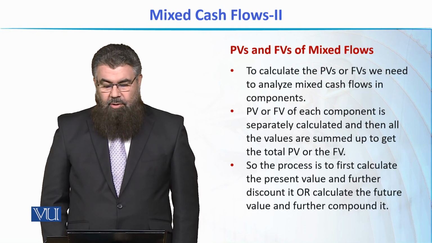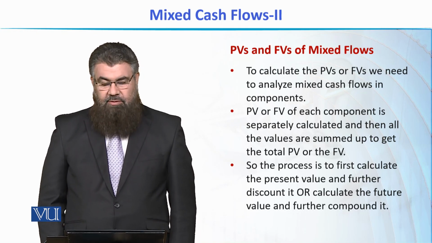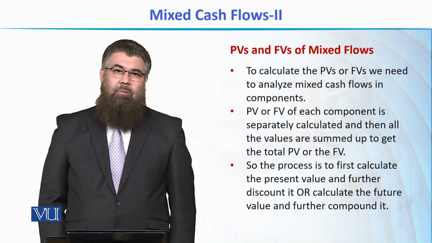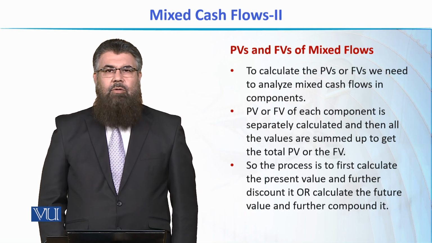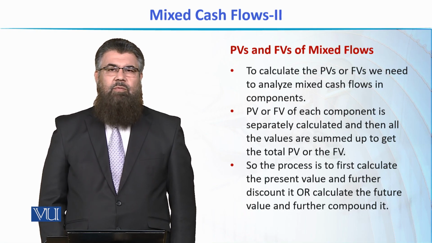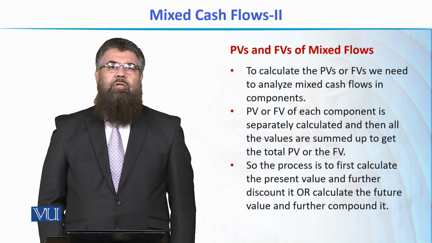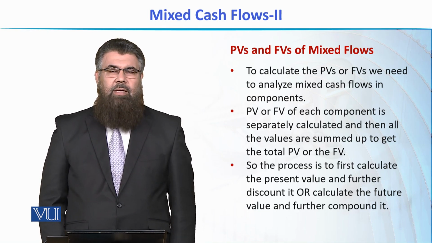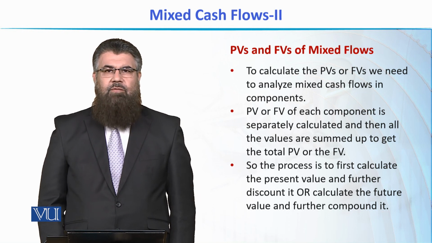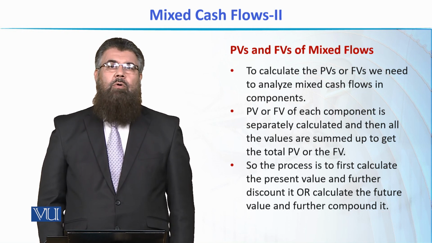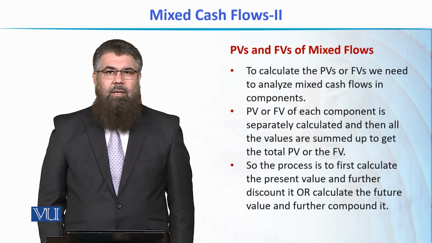So the process is to first calculate the present value and further discount it. That is, if we have to calculate the present value, we may apply the entity formula to get a present value and then further discount it, or similarly, apply the future value formula to get the future value of an entity and then further compound it.